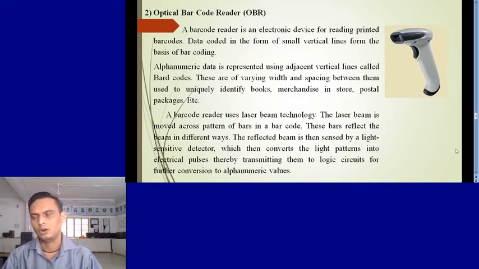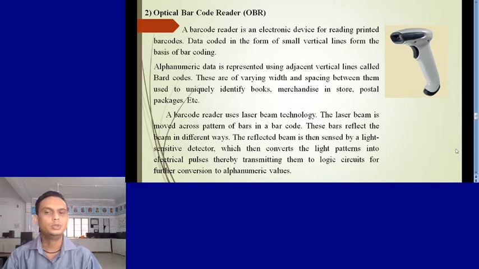We always see these barcodes on products in our house or which we purchase from the market. The barcodes have varying widths, from smaller to larger lines, and the spacing between them uniquely identifies books, mercantile store items, postal packages, etc.